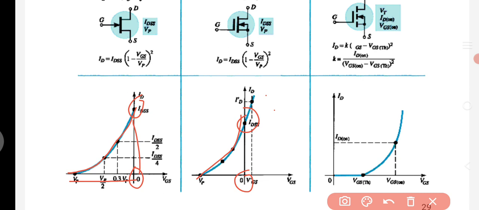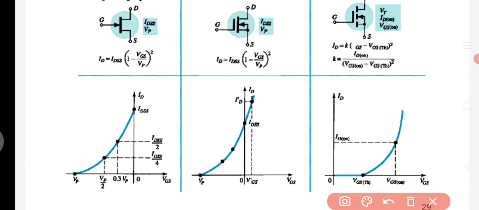Next, in case of enhancement mode operation, there is no negative operation of VGS. When VGS is less than the threshold voltage VT, ID equals 0. When we increase the VGS value greater than the threshold value, the ID value will increase. This is the complete summary of the JFET, D MOSFET and enhancement mode MOSFET.